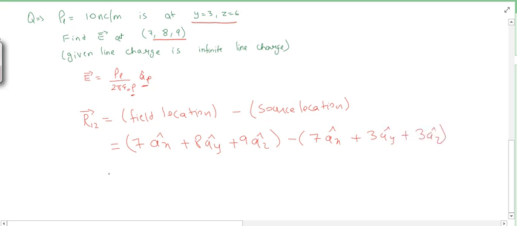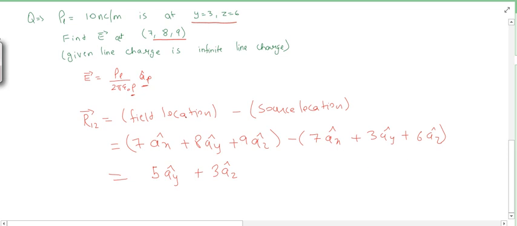If you solve this, 7 and 7 will cancel, and 8 minus 3 will give you 5 ay cap, plus 9 minus 3, actually this is 6, and here 9 minus 6 will give you 3 az cap.